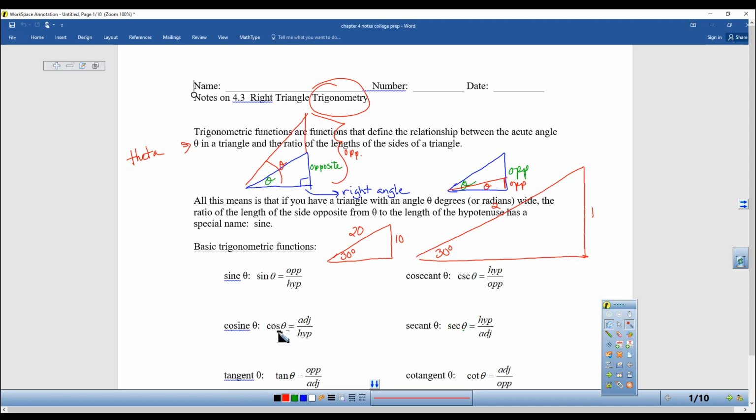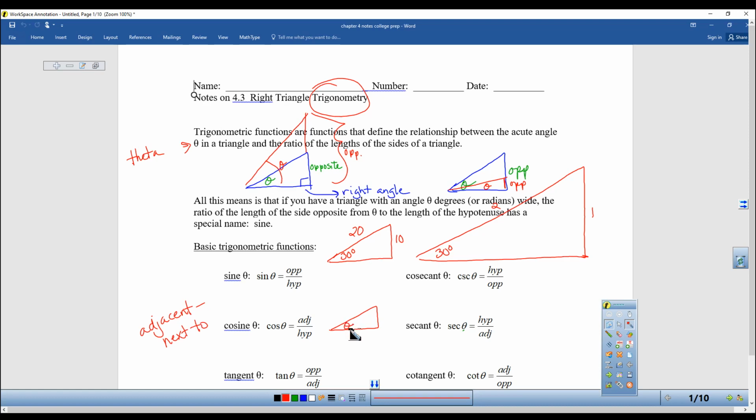Cosine, we always say cosine, even though we abbreviate it as COS, don't say cos. Right? So cosine of theta is the adjacent side. So adjacent in the word English, so that ADJ, adjacent in English means next to.